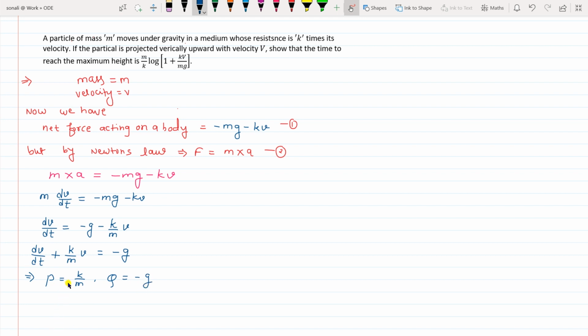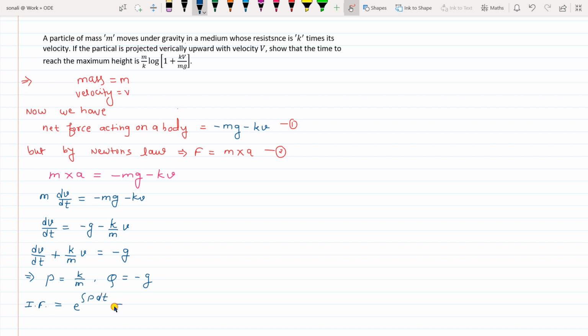So as we have the values of P and Q, we can find the integrating factor. Integrating factor is given by e to the power integration P dt. Now why dt? Because we have the differential equation and we have the derivative of v with respect to t. So when there is a differentiation with respect to t, we have to take the integration with respect to t.